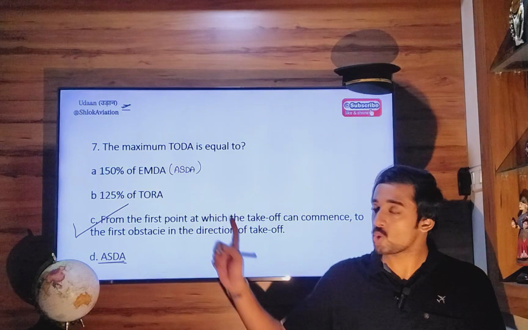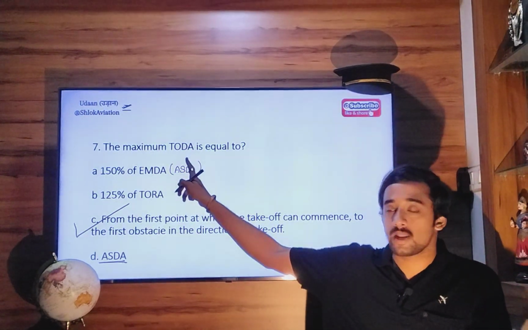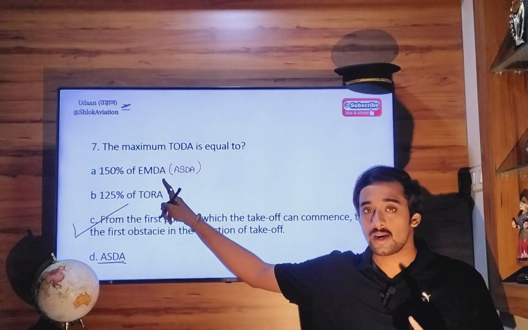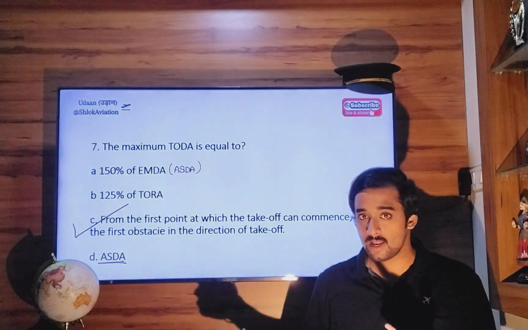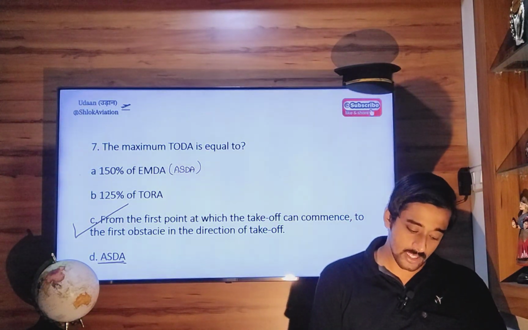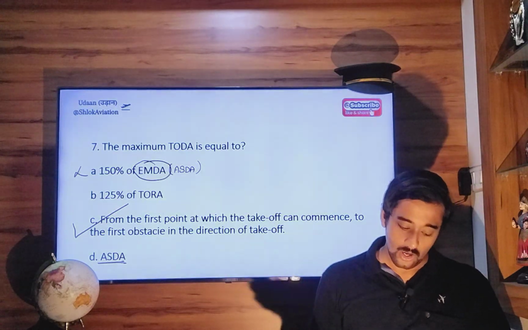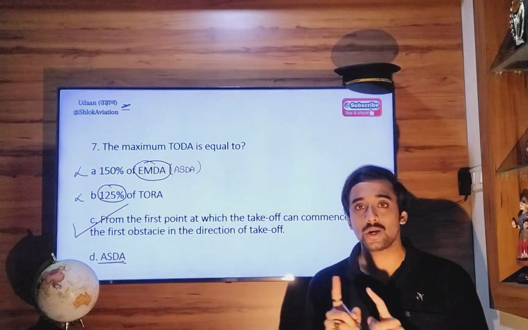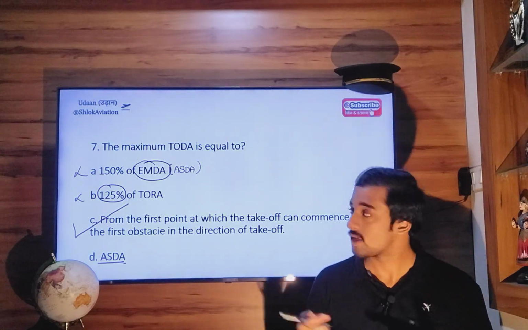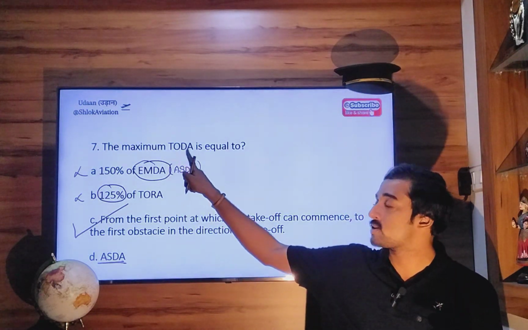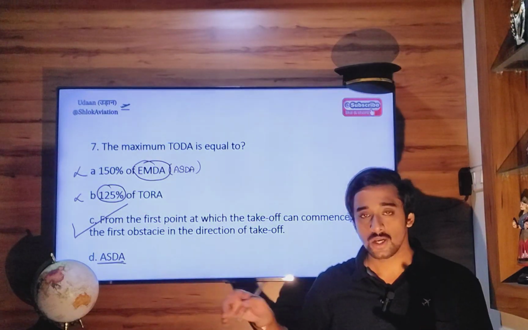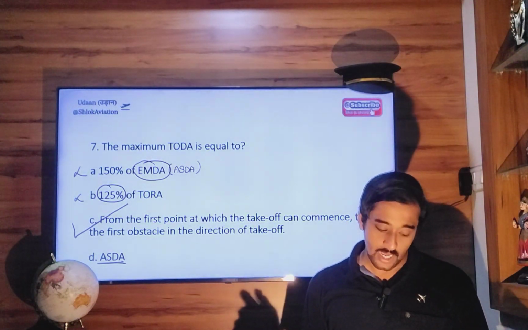We know maximum TODA, that is takeoff distance available, is 150% of takeoff run available, not accelerate distance available. So option Alpha is wrong because of this part. Option Bravo is wrong because of the first part, 125%. It's not 125, it's 150%. And the last one, obviously takeoff distance available and accelerate stop distance available are different things, so they cannot be equal. So we are left with option Charlie.